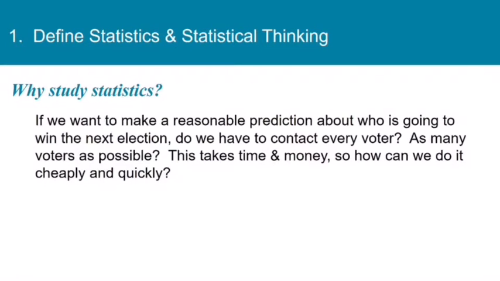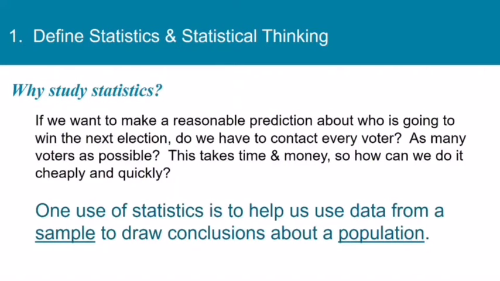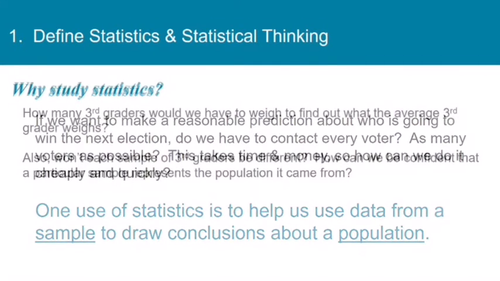So statistics helps us know how many people we need to talk to to get this information, and how we choose those people to be able to draw some conclusion about the whole population. So one use of statistics is to help us use data from a sample to draw conclusions about a population.